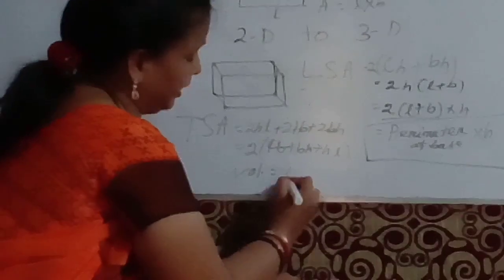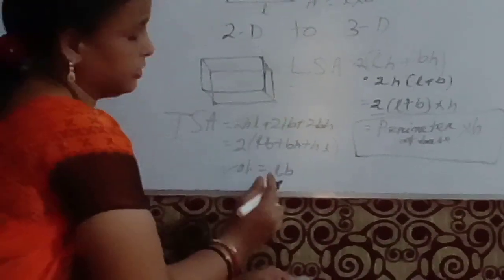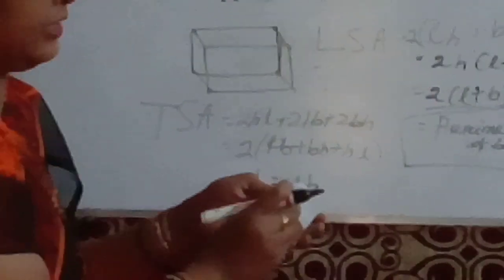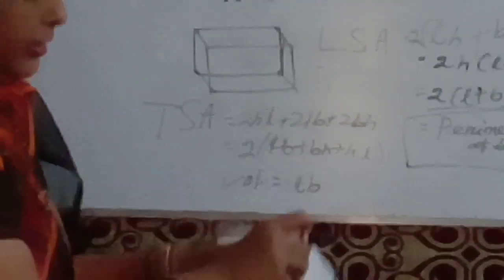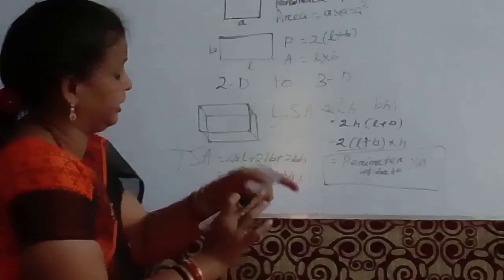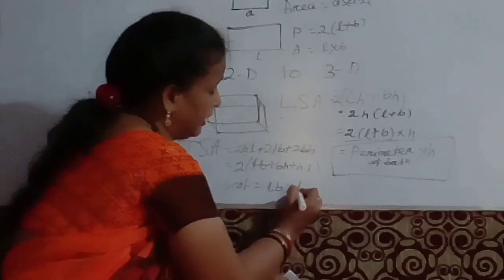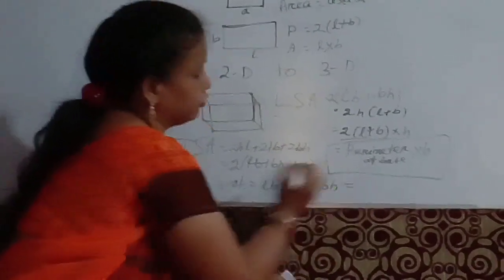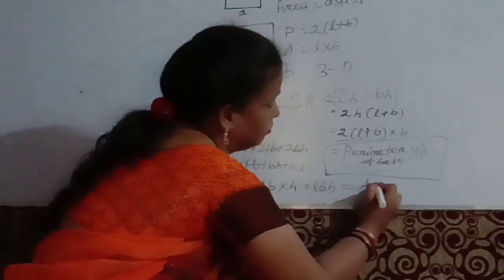First figure, first rectangular piece, is LB, another LB, another LB, like that. So if we add H times LB, you multiply it by H. So this is LBH. Here also you can write down the area of the base.